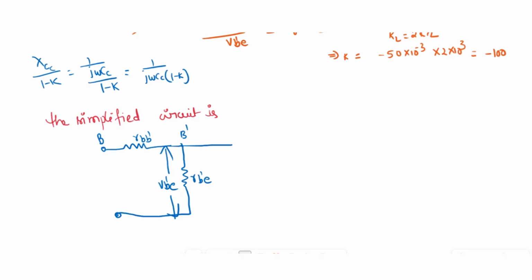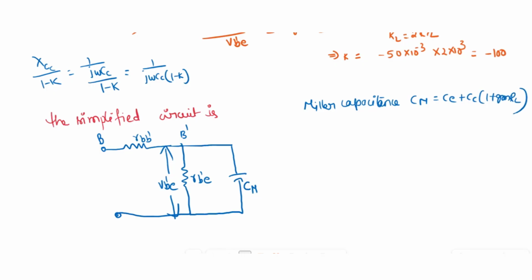And you have a capacitor called Cm, where the Miller capacitance Cm is CE plus CC of 1 plus GMRL. The reason for the Miller capacitance is we obtained that because of the Miller's theorem.